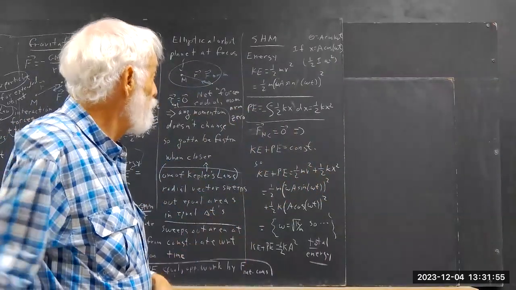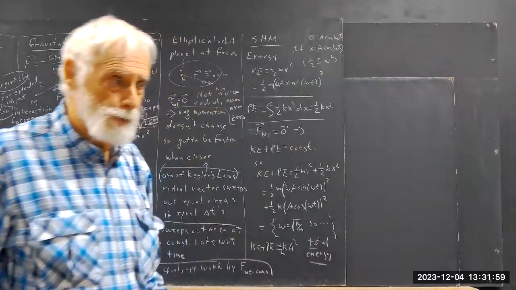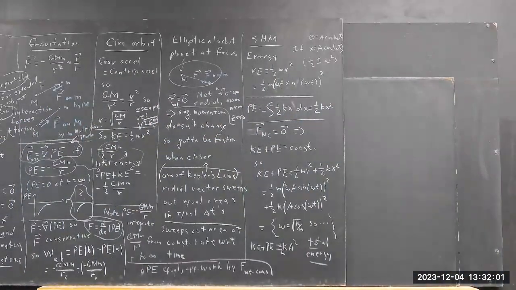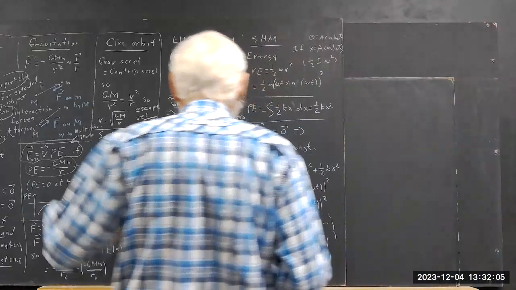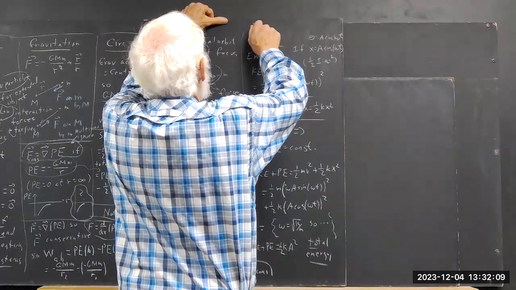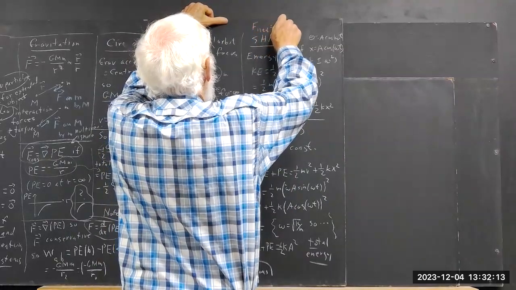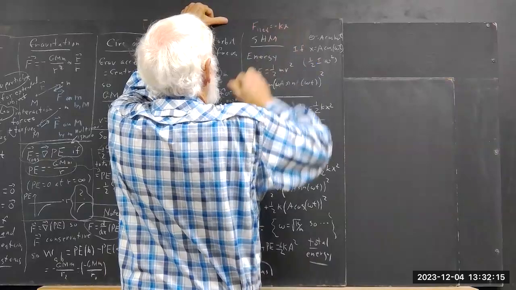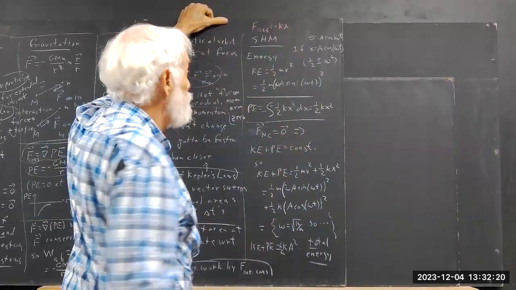And I didn't write that down, so I'm going to write a couple of things down here, especially if I find a pinkish red chalk. It's F net equals negative kx. You can see that.